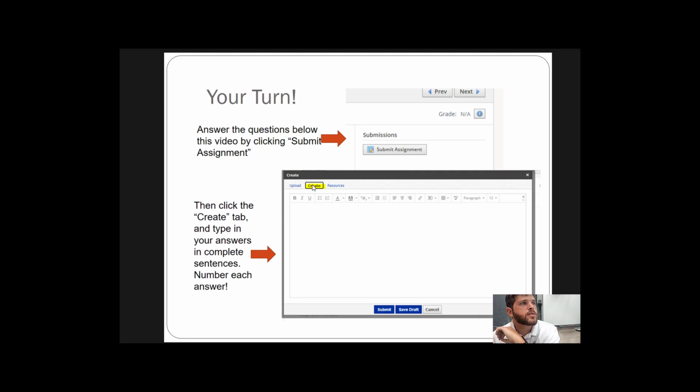In the window that pops up, you're going to click on Create, and you can just type your answers into the window there. So again, I would number each one, write in complete sentences where necessary, and let me know if you have any questions. Good luck.